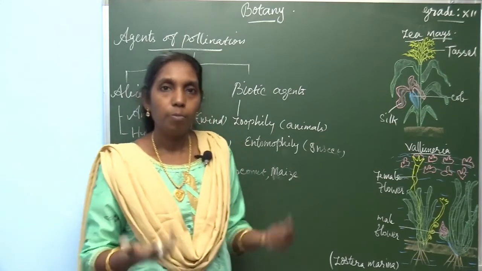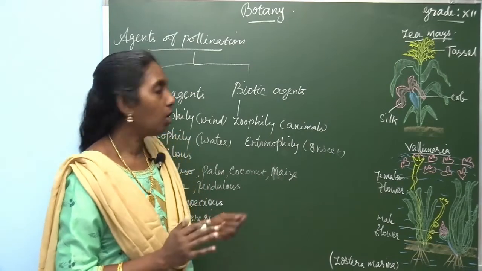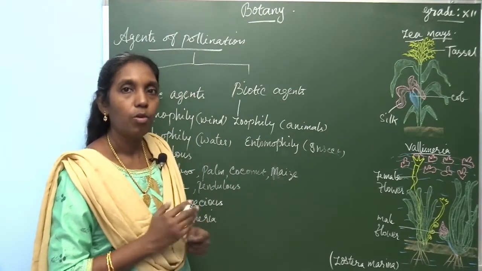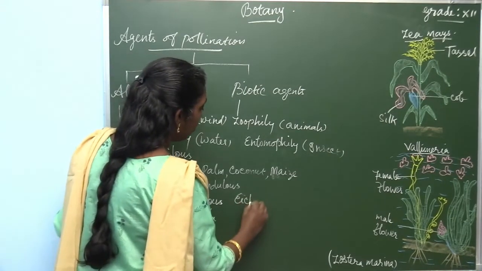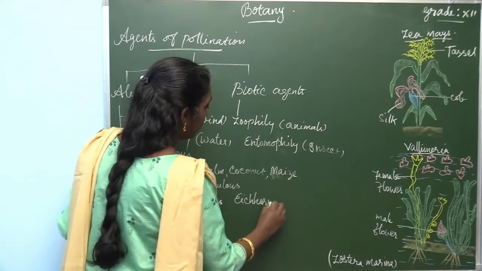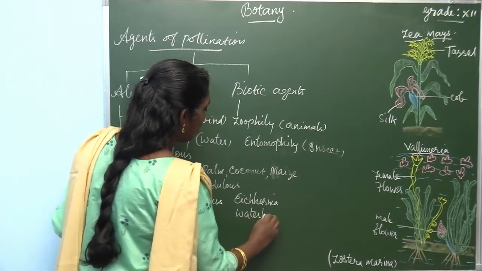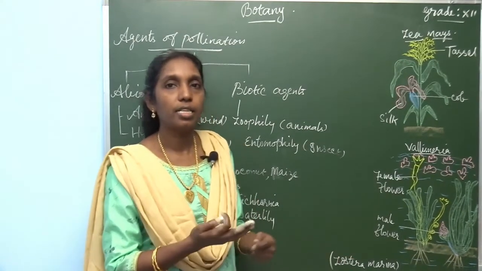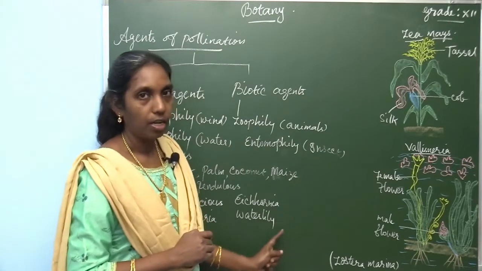Though there are a number of hydrophilous flowers, not all of them are pollinated by water. For example, water lily and Eichhornia, and water lily, pollination takes place by either insect or wind. So it is not a hydrophilous flower.